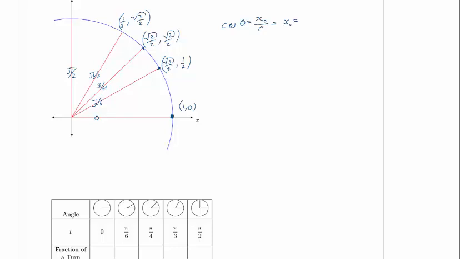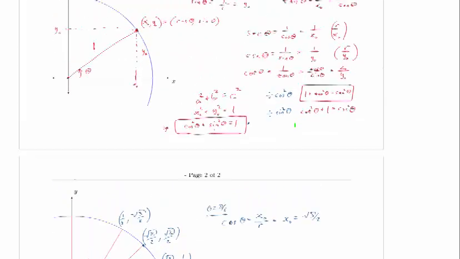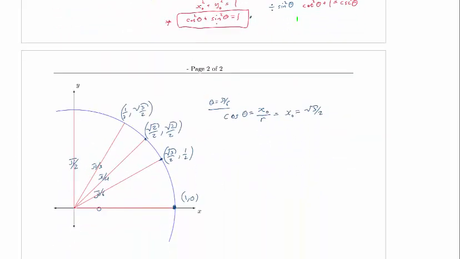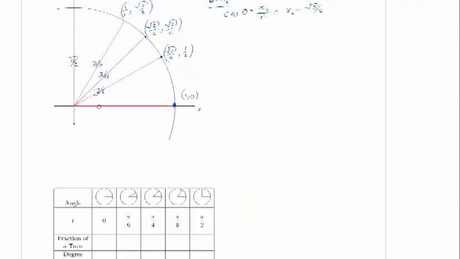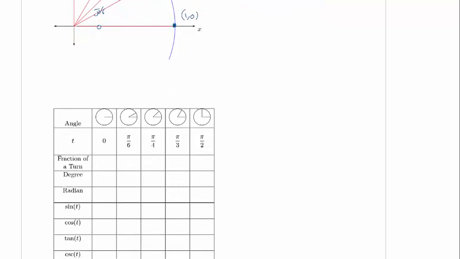And so for pi over 6, cosine of pi over 6 would simply be root 3 over 2, kind of how we covered up here already. We're just assigning values to everything. And of course the cosine when it's at 0 would be 1.